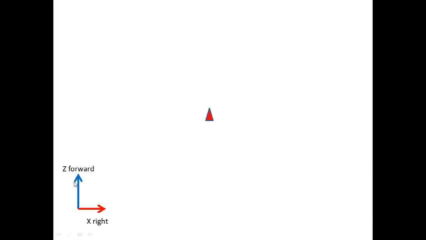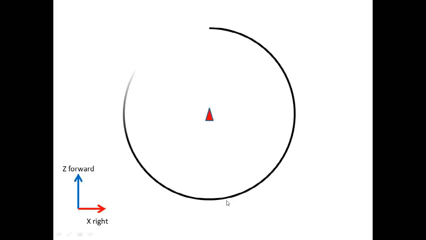So this is the forward axis, Z, and over here we've got the X, right axis. So I want to imagine this is the drum around the ship. Okay, and the ship is always in the middle of it, and we want to spawn enemies all the way around this ring.